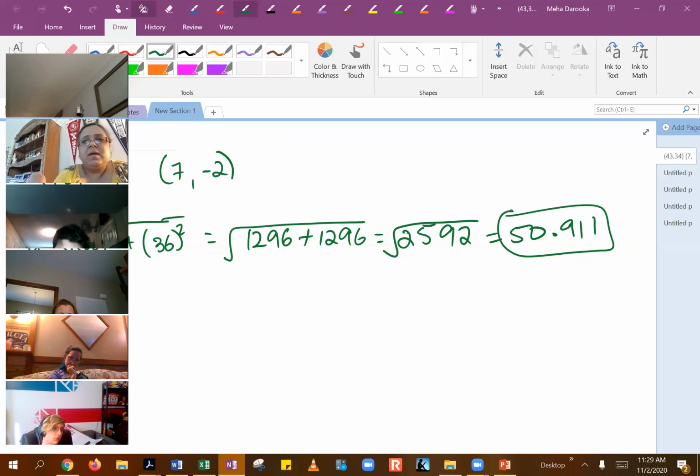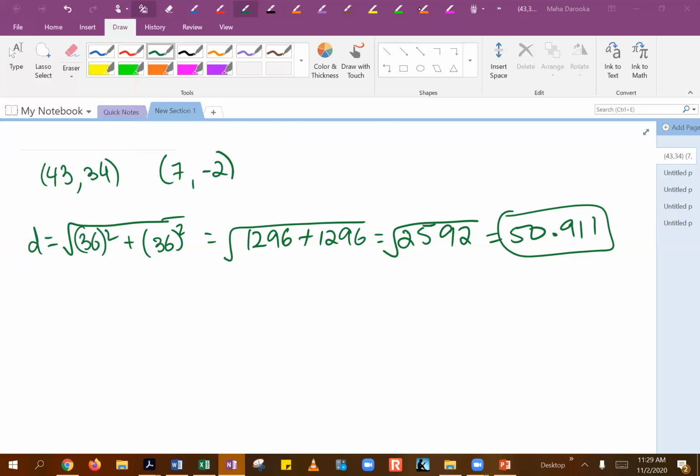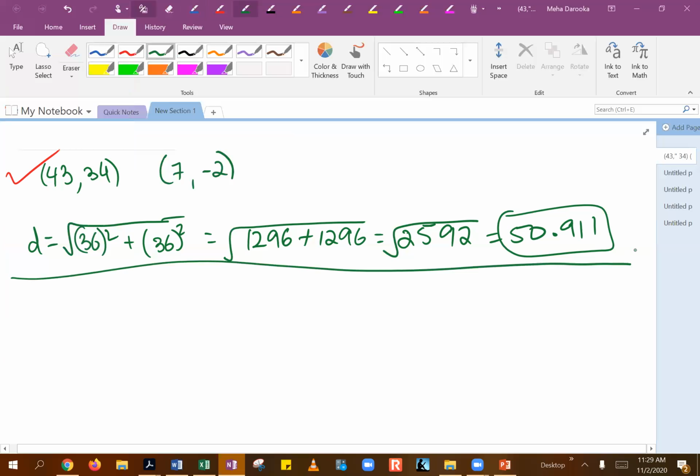Okay. But let's say we wanted to just stick with whole numbers. So we will say, okay, this one is good. But if we wanted to stick with whole numbers, think about something like the example I have here, (60, -2), with our original ordered pair of (7, -2).